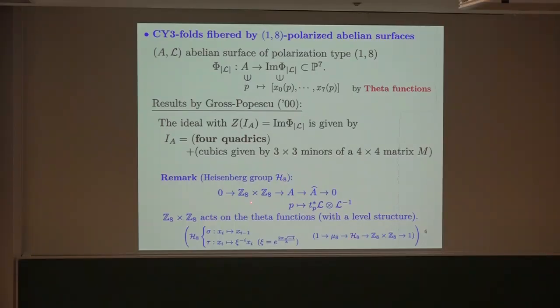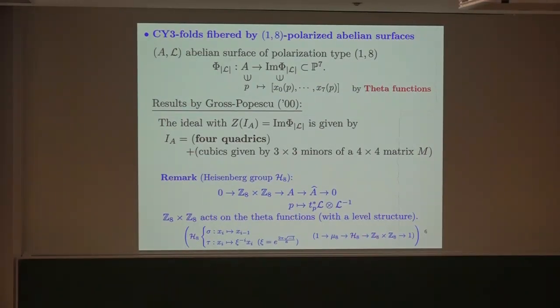So when acting on the sections, eventually the central extension comes out. That's the Heisenberg group.